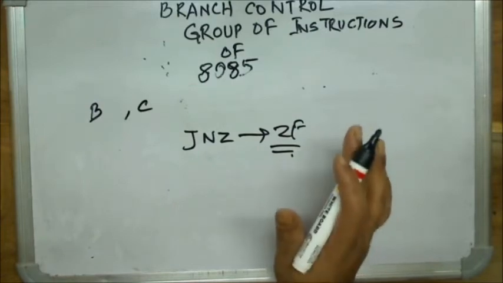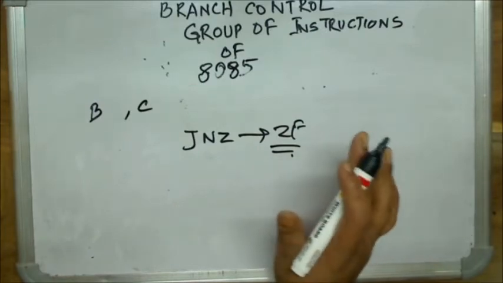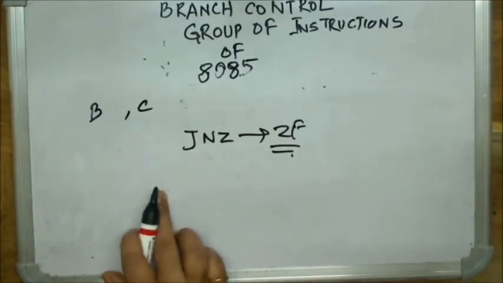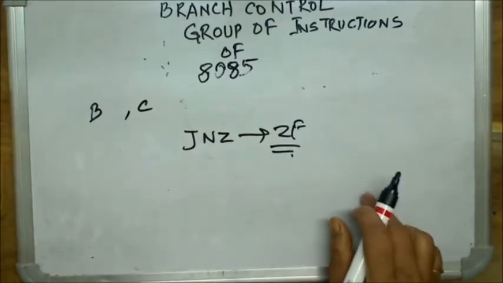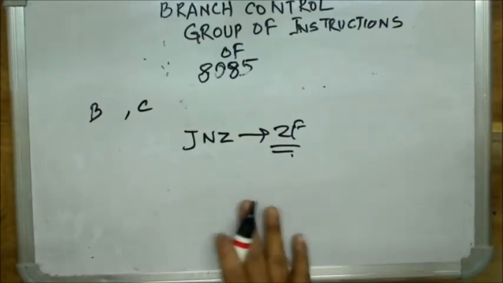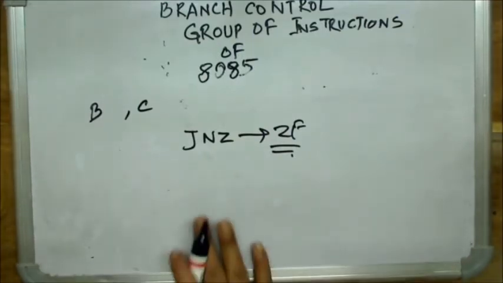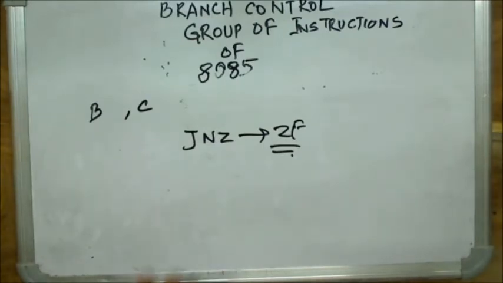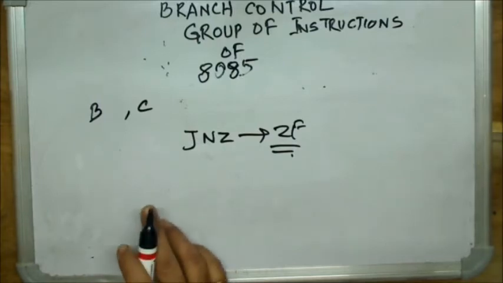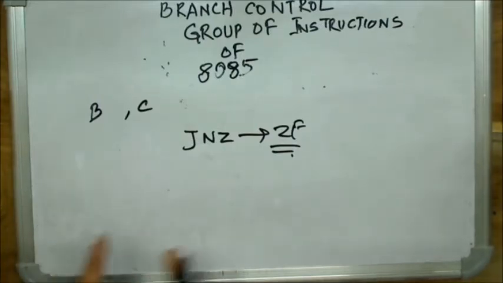That is why all conditional jumps, that is jump if carry, jump if no carry, jump if zero, jump if not zero, jump if parity even, jump if parity odd, jump if plus, jump if minus, all these conditional jump instructions work on flags. So what is the advantage? The advantage is it gives you the flexibility to keep the count in any register.